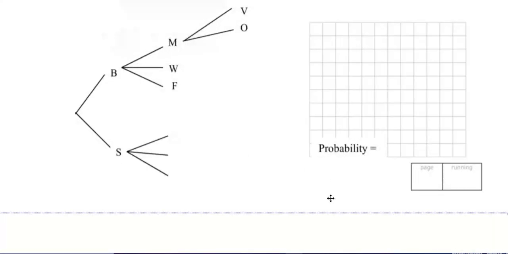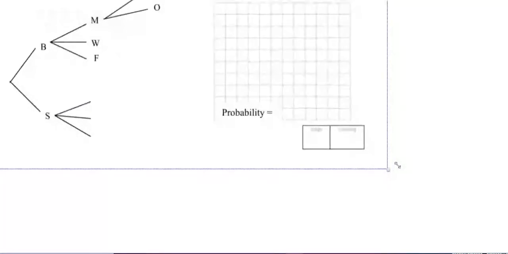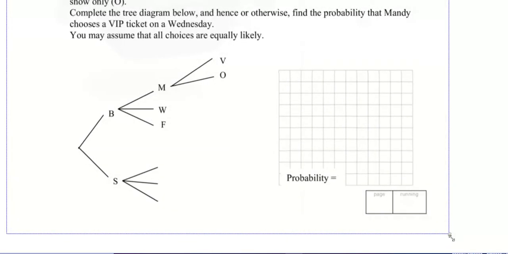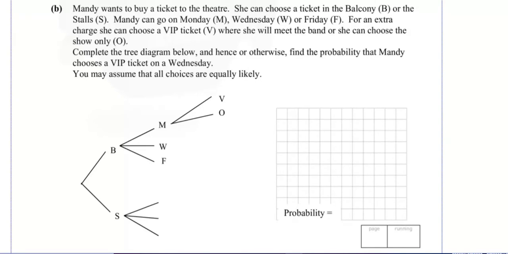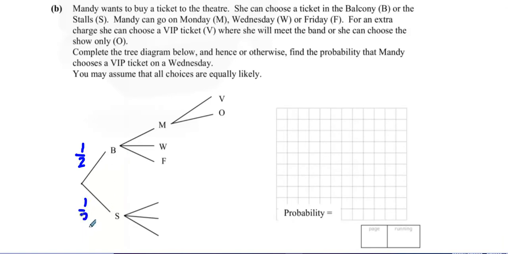Okay, so here's what happens. The first thing is whether you're in the balcony or stalls. So you have a half probability of going to the balcony, a half probability of going to the stalls. Then you have 3 different dates. You have a 1 in 3 chance of going Monday, a 1 in 3 chance of going Wednesday, and a 1 in 3 chance of going Friday. So I'm going to do Monday, Wednesday, Friday down here as well, and 1/3 each.